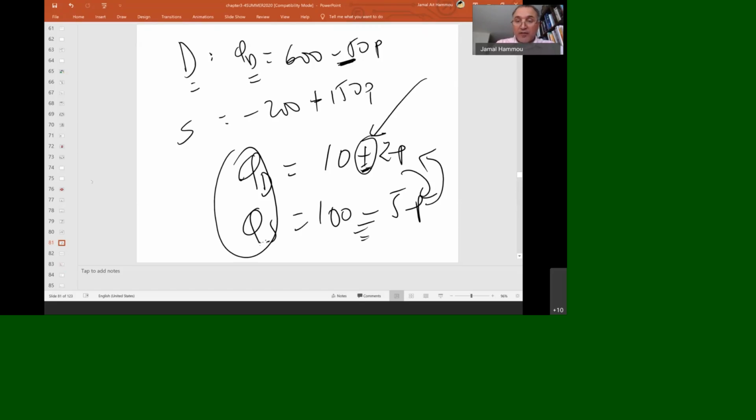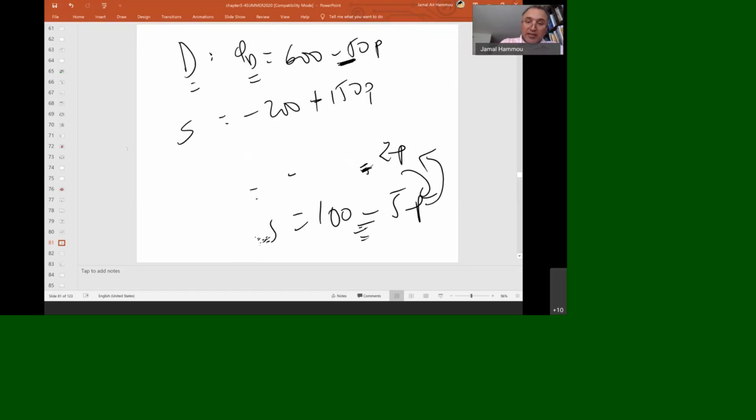You cannot have an equation for a demand curve that has a positive slope, or a supply curve that has a negative slope. That's wrong. So the slope negative is the demand curve, and if it's positive, that's the supply curve.